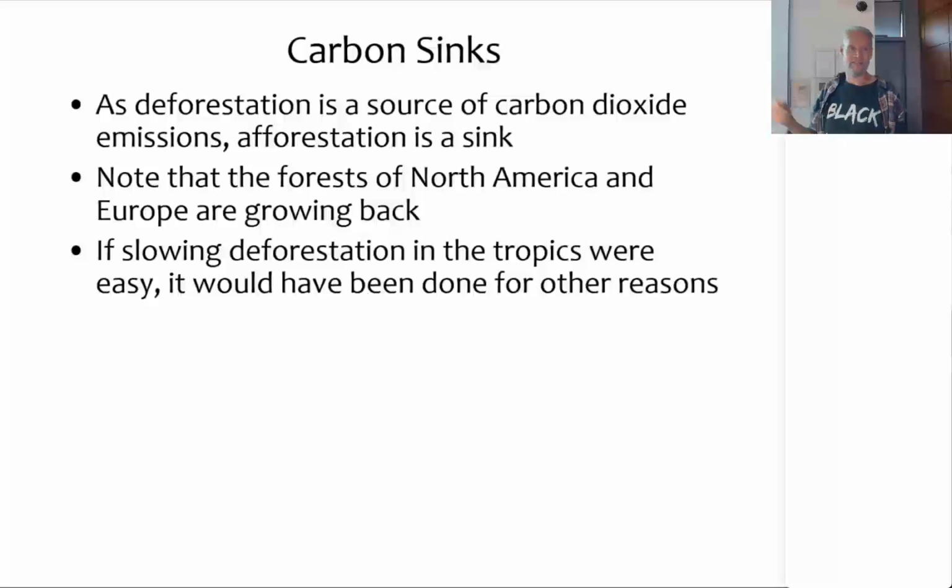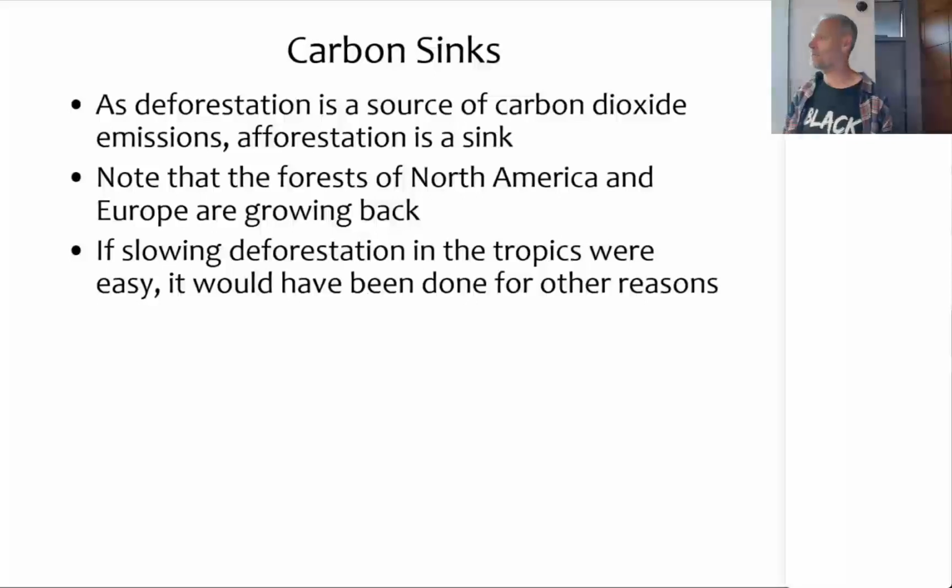Problem is that we don't quite know how to slow down deforestation because we have been trying this for a while now, because people have been concerned about loss of biodiversity, loss of forest and so on. And it turns out that this is a very difficult problem, mostly because the people on the ground simply do not share the same interest that we do, right?